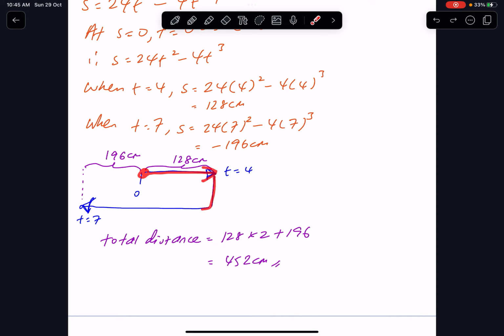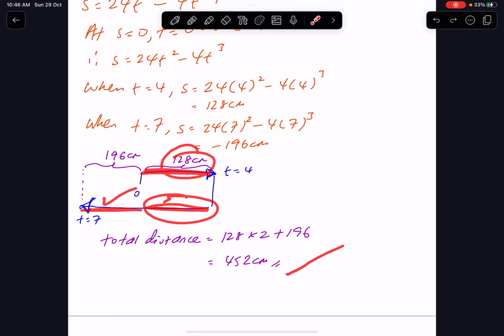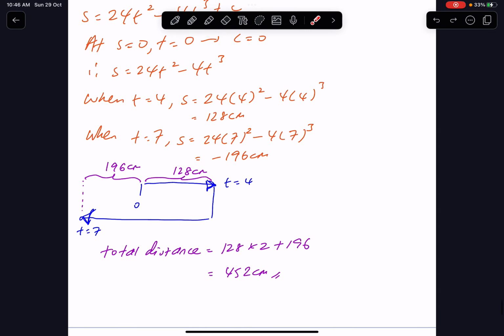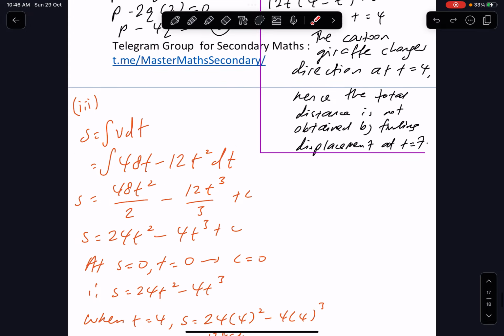Then it U-turns, it changes direction, and ends 196 cm away from the fixed point at time equals 7. So total distance is this line plus this line plus this line: 128 times 2 plus 196, which is 452 cm. That is our final answer for this last part, and all the best for your paper 2.